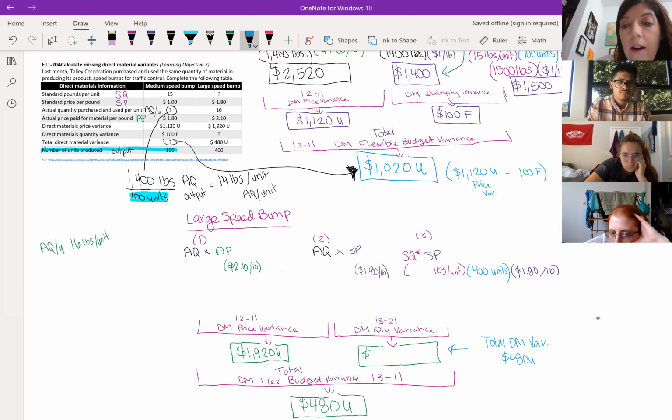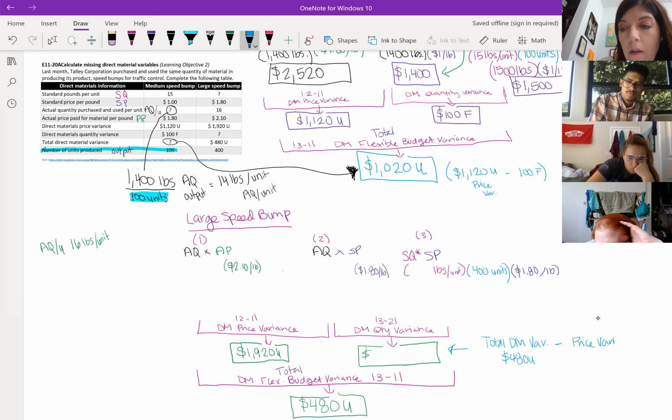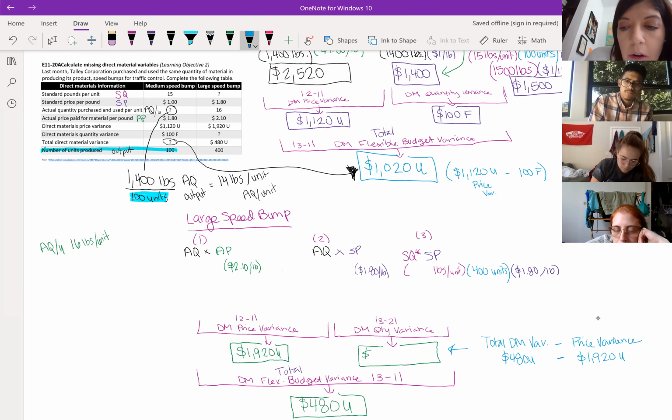Because if we had 1,920 unfavorable for just our price variance, just think of it as absolute value, in order to get to a lower unfavorable, we know that our quantity variance has to be favorable to net against that.